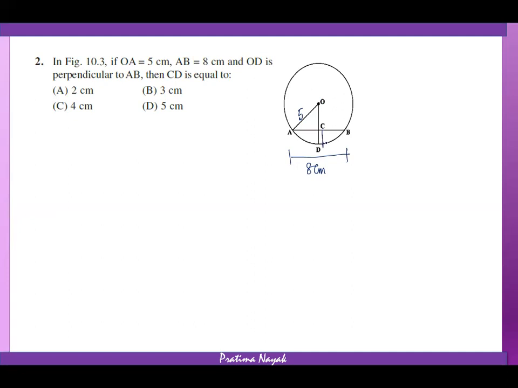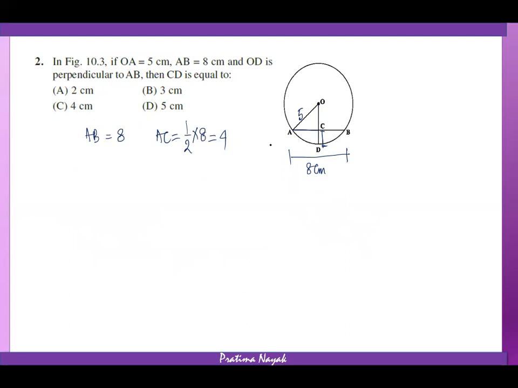The options are 2 centimeter, 3 centimeter, 4 centimeter, 5 centimeter. So let us find now. How much will be AC? AB is equal to 8. Then AC will be half of it. It will be 4.